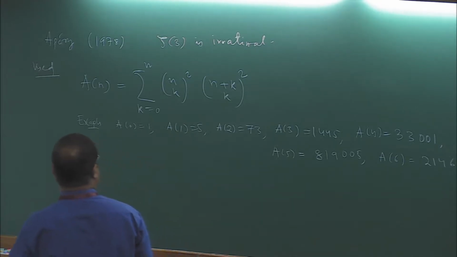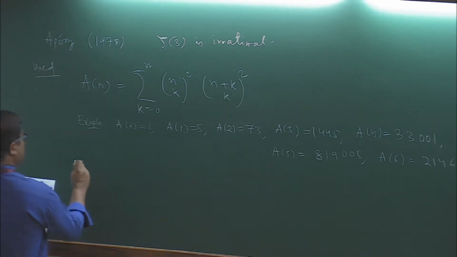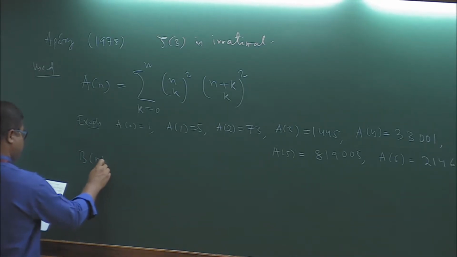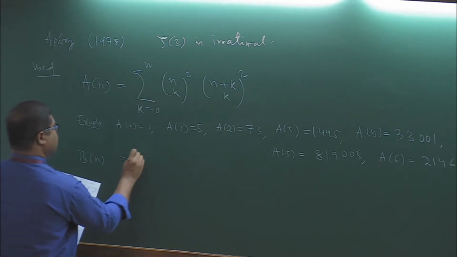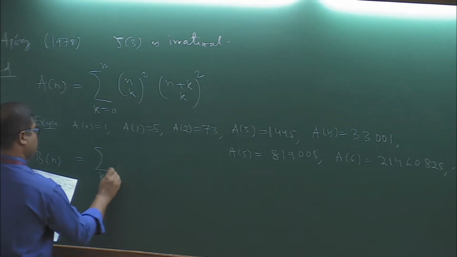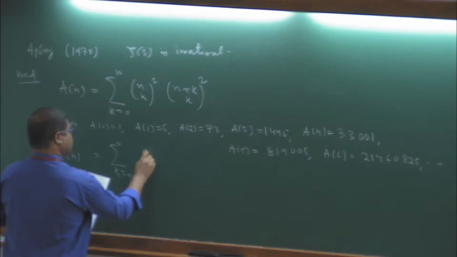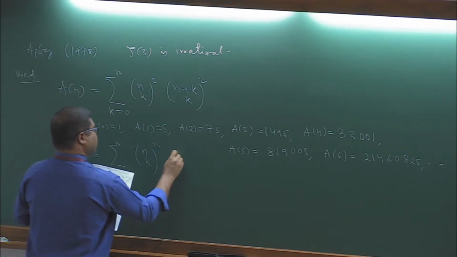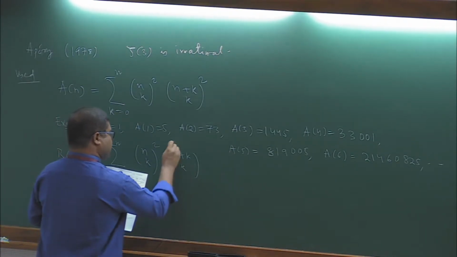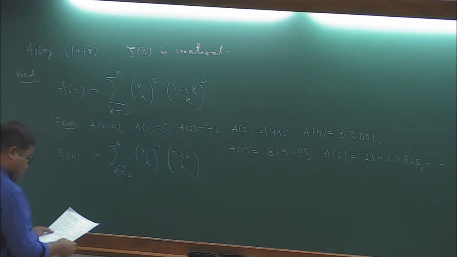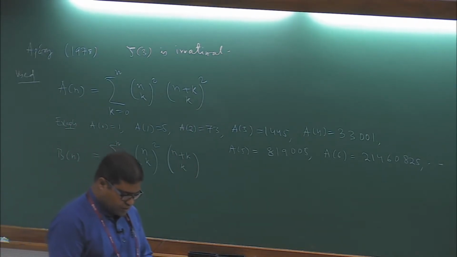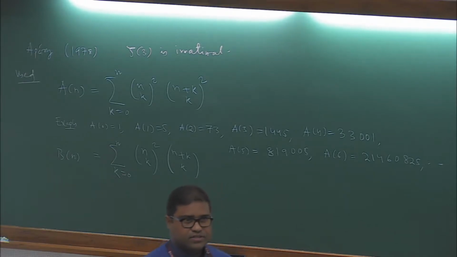Also, in the same paper, he defined another sequence of numbers, b_n, the sum of (n choose k) squared times (n plus k choose k), not the squares. And he used this sequence to prove that zeta 2 is irrational.